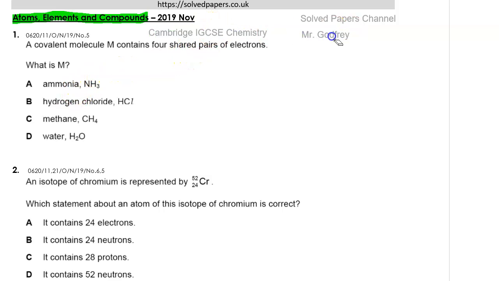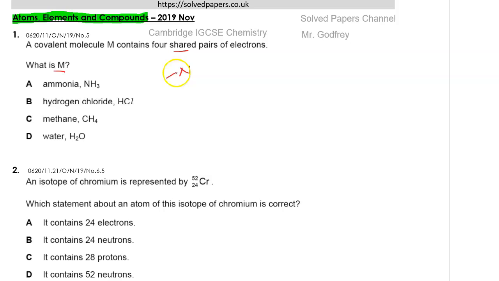Let's get started. Number one, a covalent molecule M contains 4 pairs of electrons. What is M? It contains 4 shared pairs of electrons. To know what M is, choice A, you're told ammonia. Let's see the structure of ammonia.